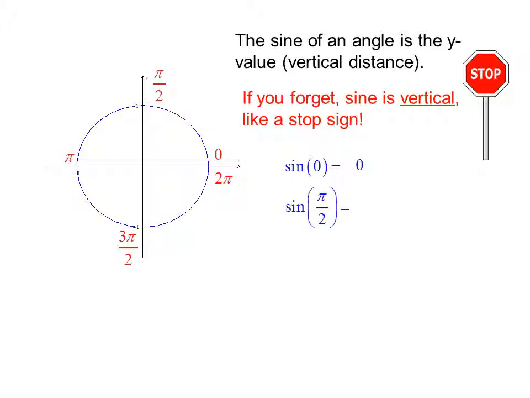Sine pi over 2 equals 1. Sine of pi equals 0. Sine of 3 pi over 2 equals negative 1. Sine of 2 pi equals 0.